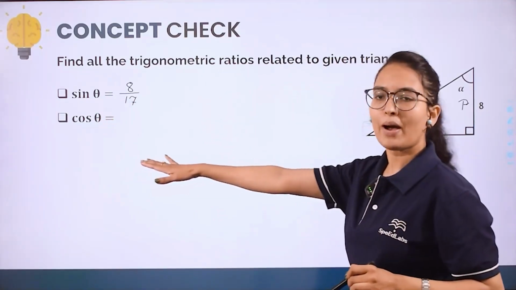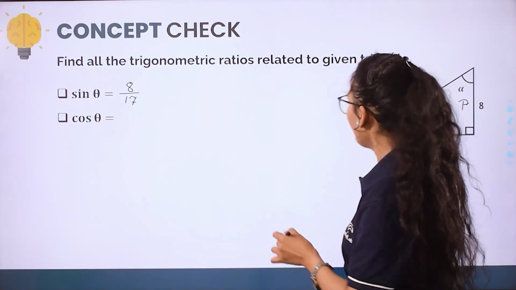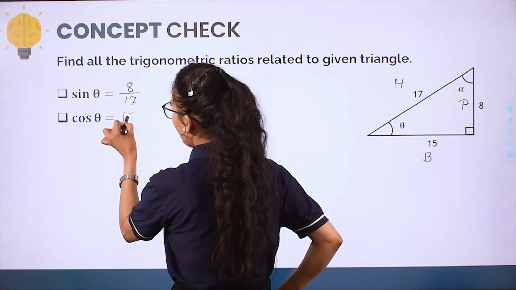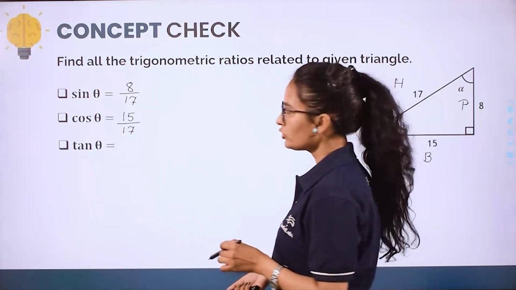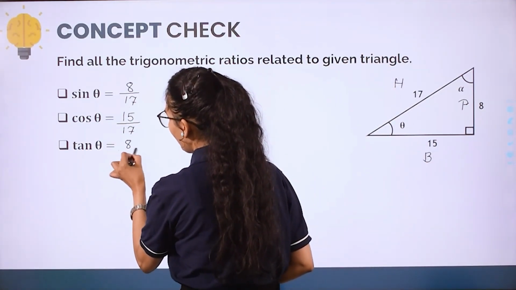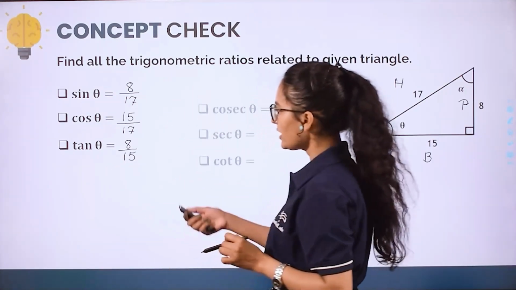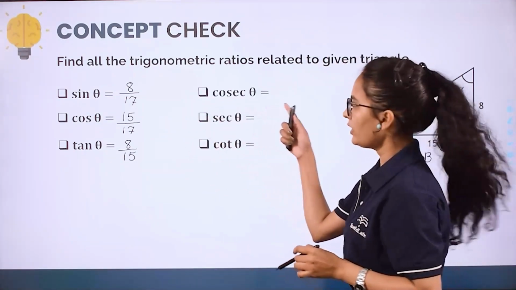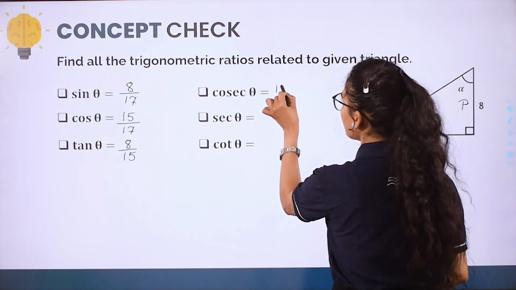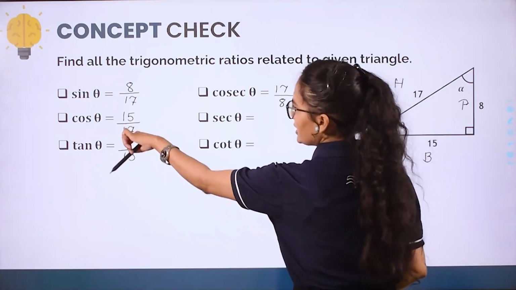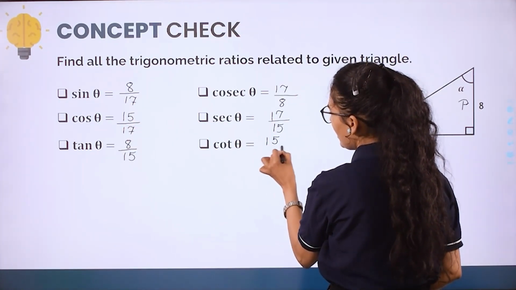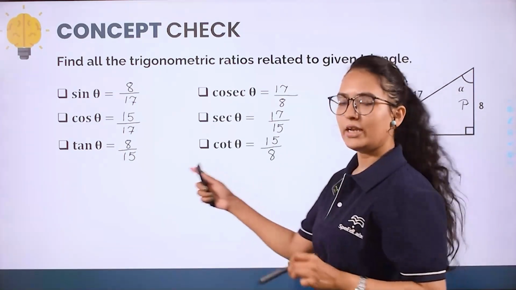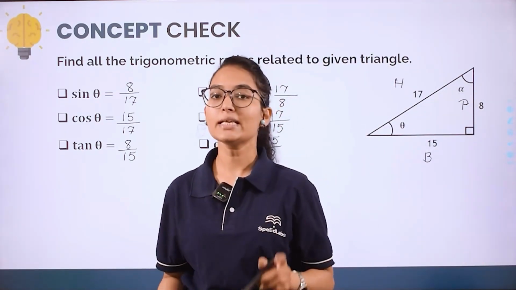Cos theta is B by H, so that is 15 by 17. Tan theta is P by B, so that is 8 by 15. Now the other ratios are very easy to calculate because we just have to take the reciprocal. 8 by 17 becomes 17 by 8. This becomes 17 by 15 and this becomes 15 by 8. So these are all the values related to the angle of reference theta.